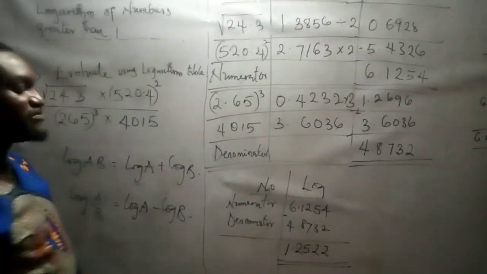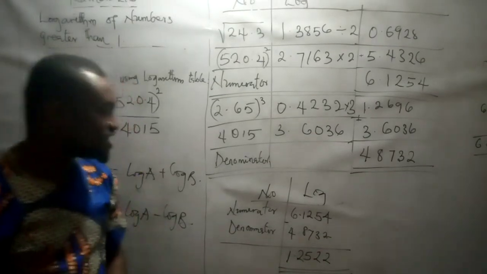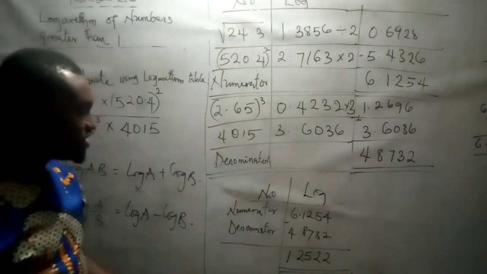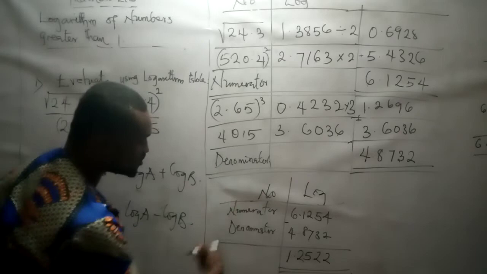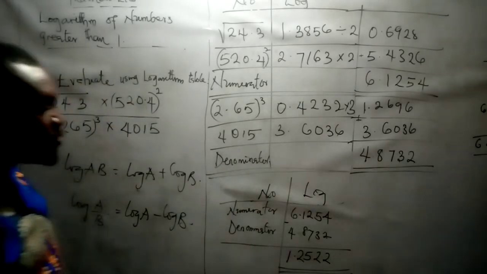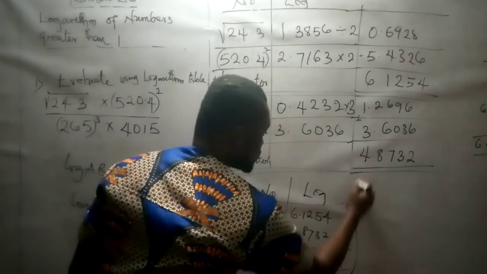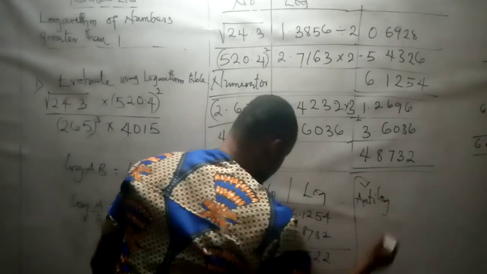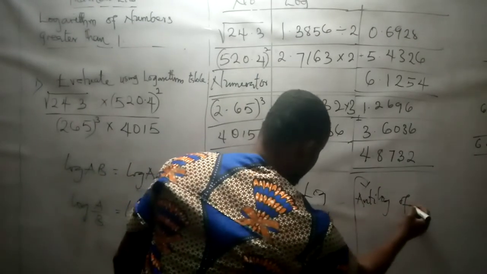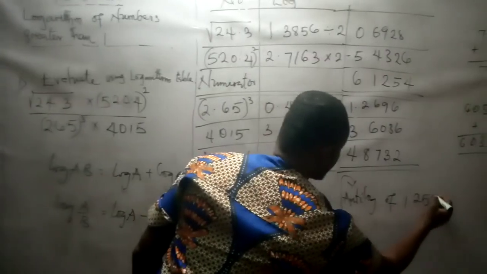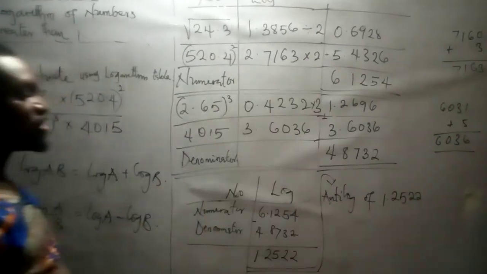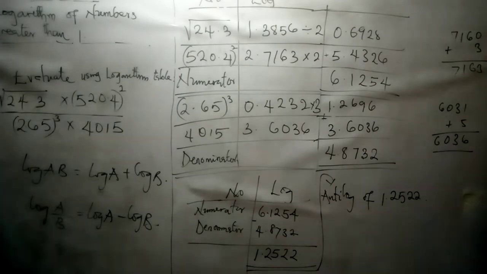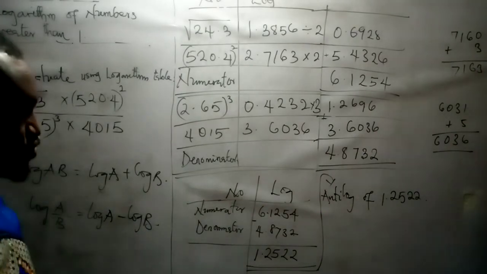Now, having gotten the logarithm, we need to get the anti-logarithm in order to bring it back to the number given. So what is the anti-log of 1.2522? So we are now going to look for the anti-log of 1.2522.